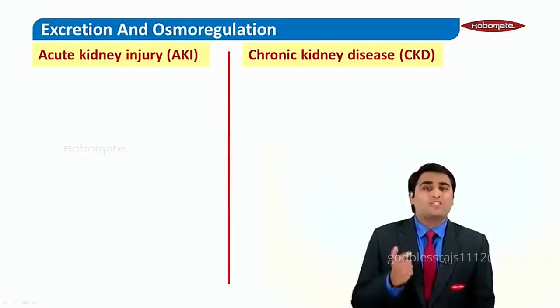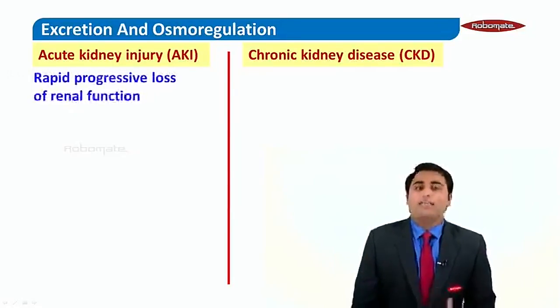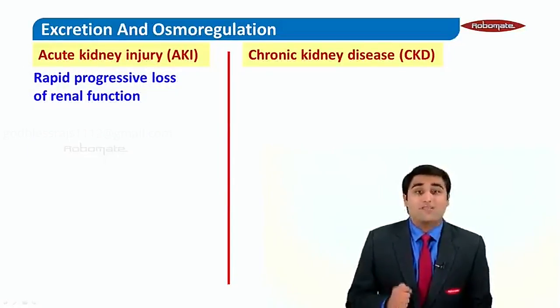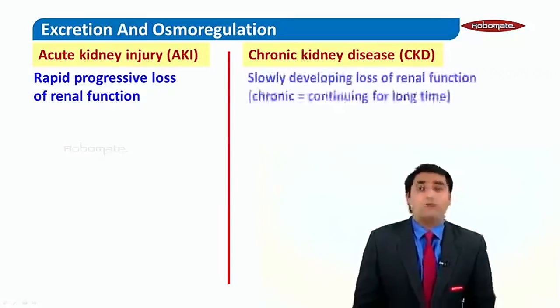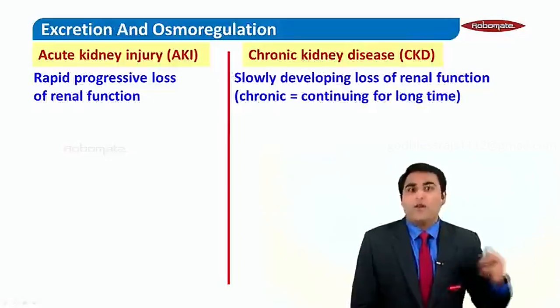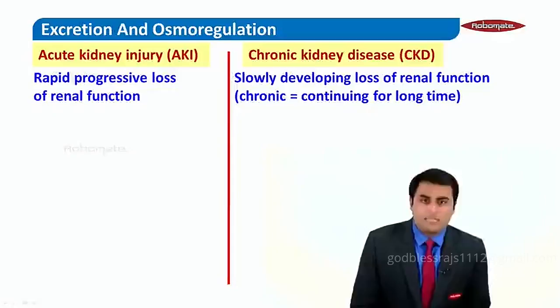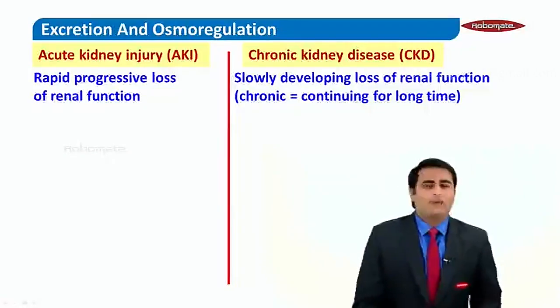But the differentiating factor is the two words, acute and chronic. In acute kidney injury, the renal function loss occurs at a very high rate within a short duration of time. In chronic kidney disease, the renal failure occurs gradually over months or years, where the word chronic itself suggests something which continues for a very long time.